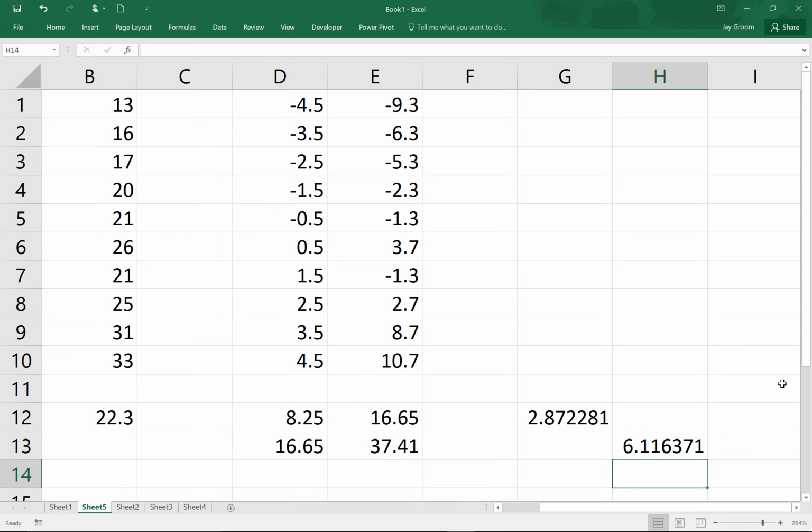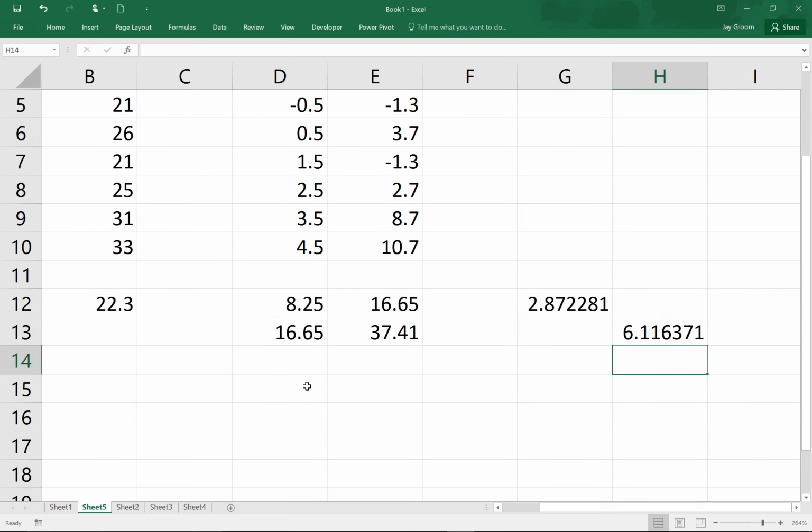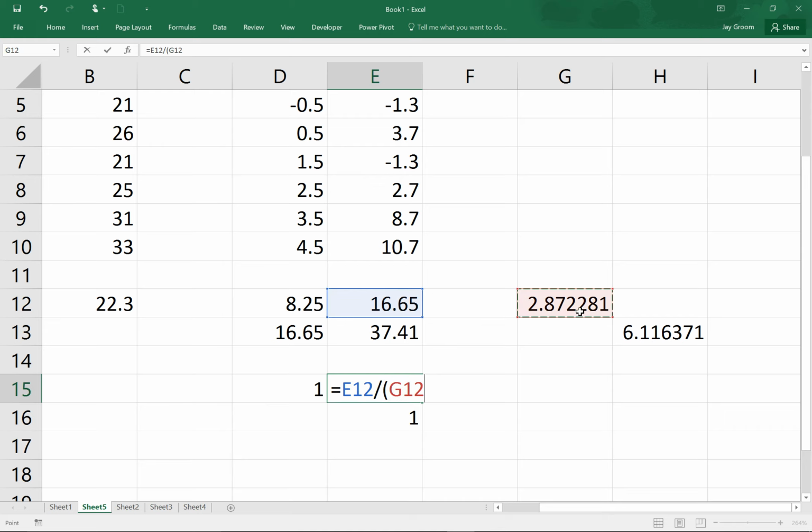And again, this is nice and easy. Obviously the x's are perfectly correlated with themselves, and the y's are perfectly correlated with themselves. And if you go here, you're like, well, what's the correlation? The correlation is this guy divided by the square root of this, so this guy here times this guy here. What does that mean to me? It means that they're highly correlated and they have a positive slope.